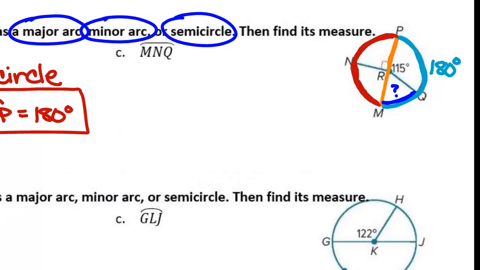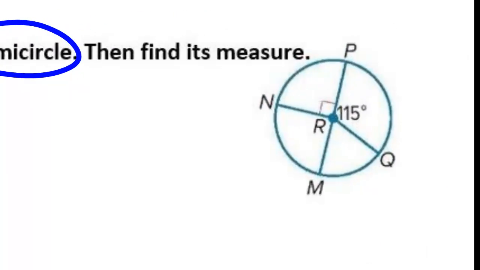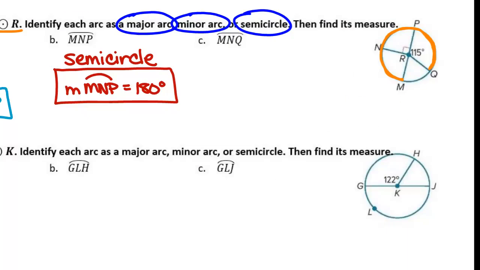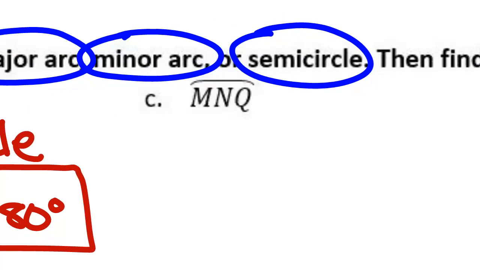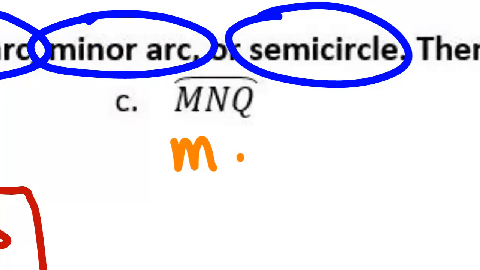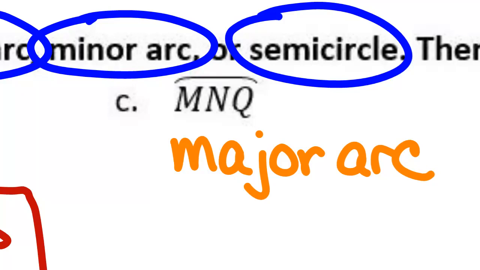All right, then the last one we need to find is arc MNQ. Let me come in here and mark that. MNQ, all the way around to here. Minor arc, major arc, or semicircle? Major arc. That is more than halfway around the circle.